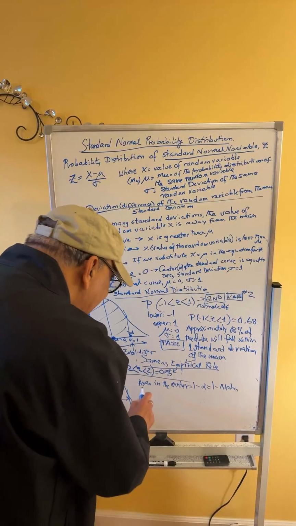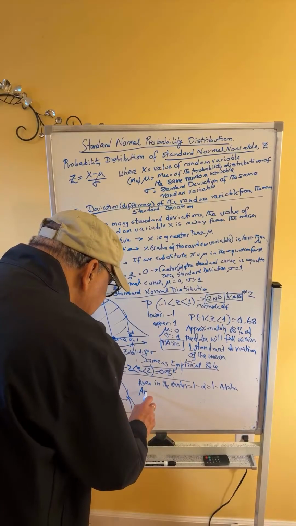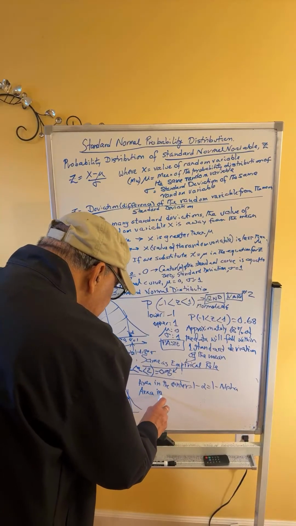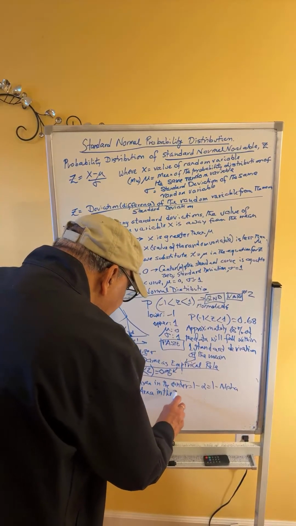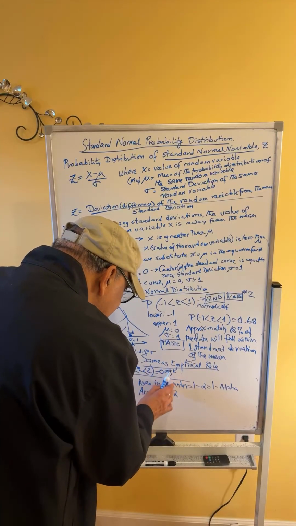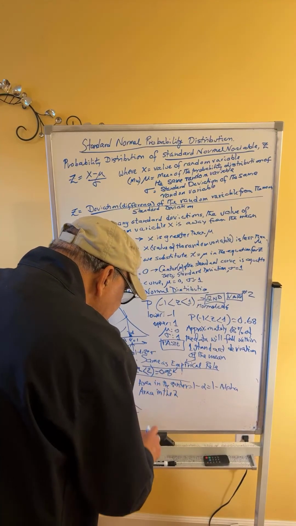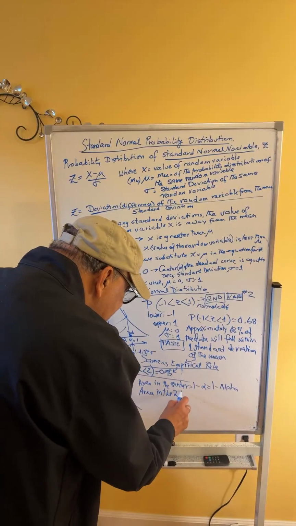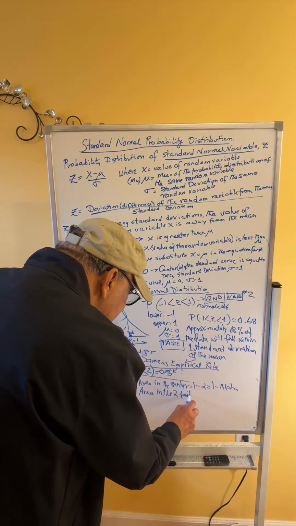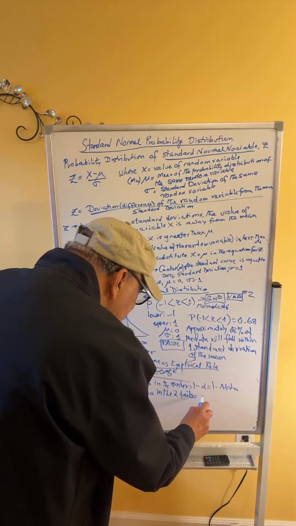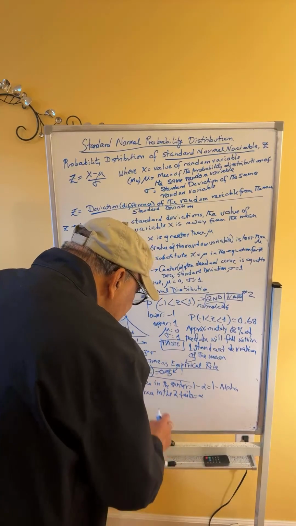Okay, so area in the two tails is actually alpha. Area in the center is 1 minus alpha. Area in the two tails is alpha. Why?